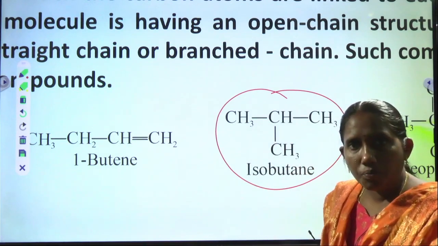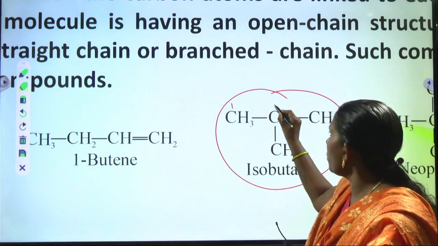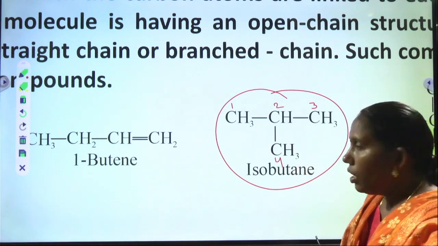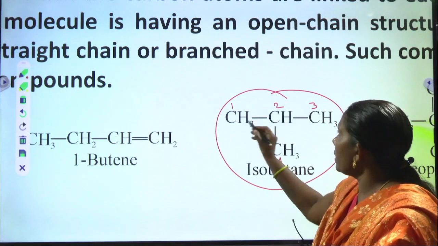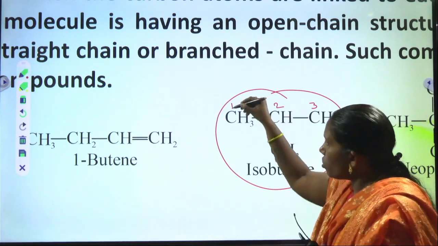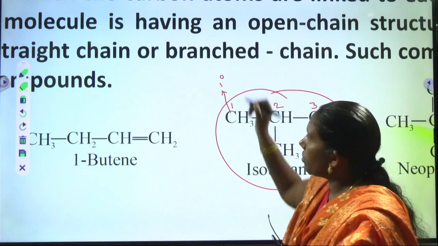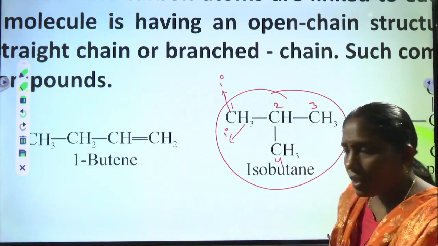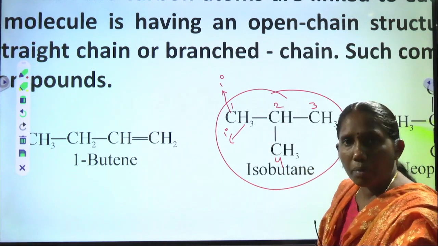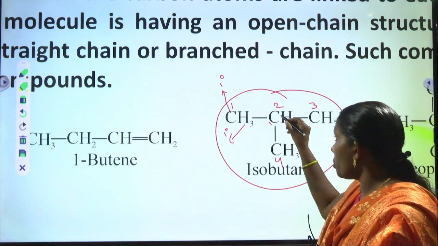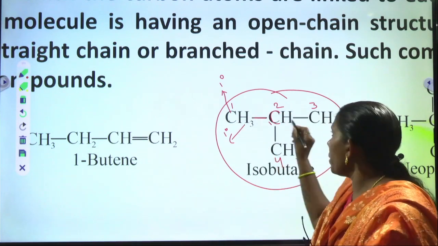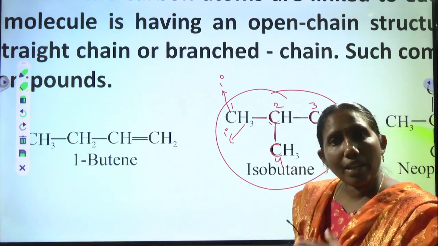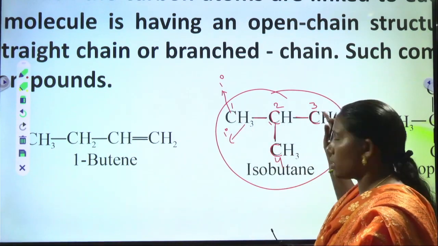If you see here also we have 4 carbons. Just I am giving 1, 2, 3 and 4. Here the first carbon is attached to only the second carbon. So this is called primary carbon, and these hydrogens are primary hydrogens. Comes to the second carbon. The second carbon is attached to the first carbon, the third carbon, and the fourth carbon, meaning one carbon attached to other three carbons.